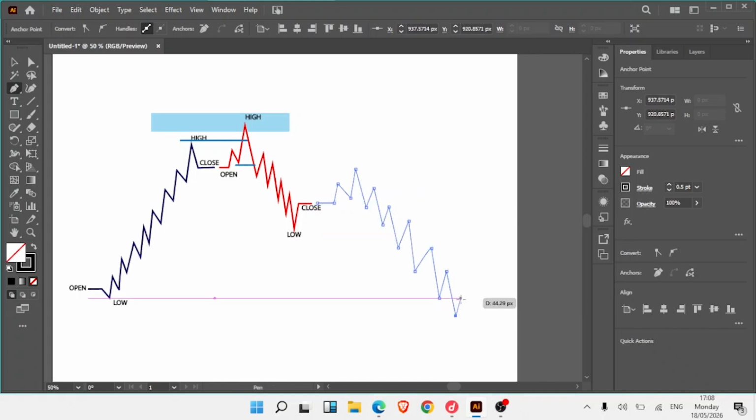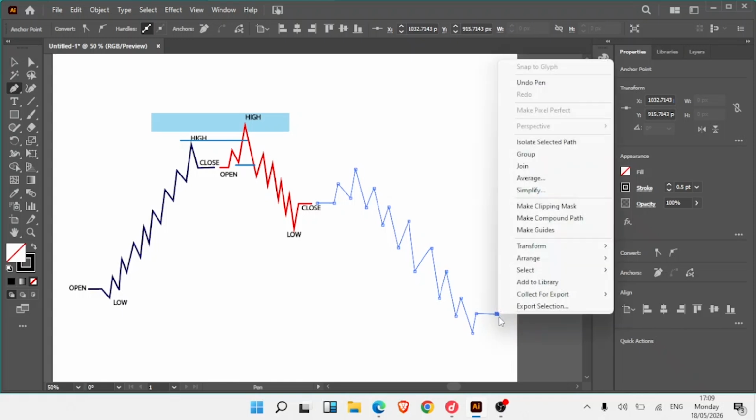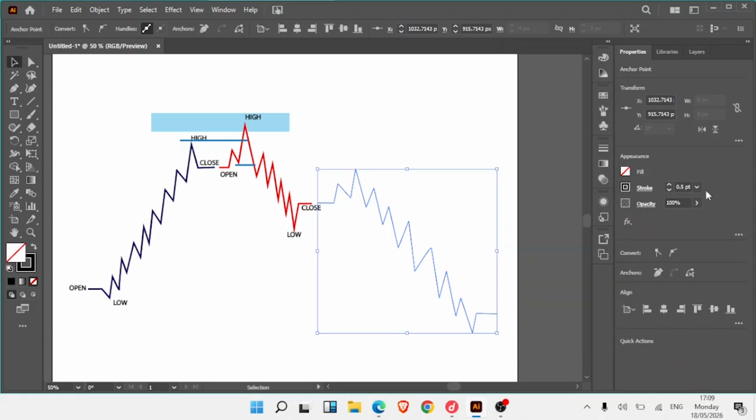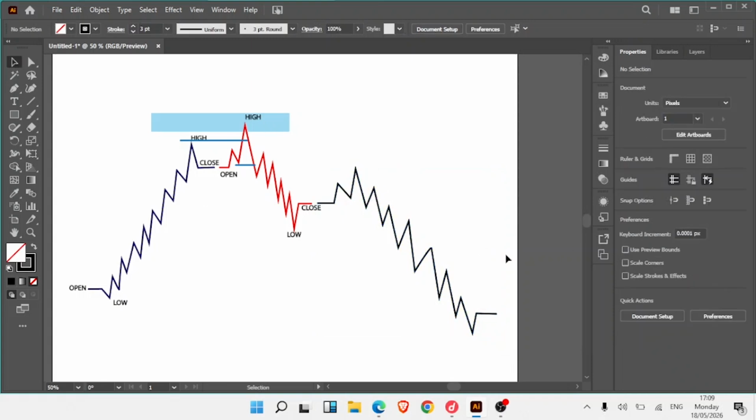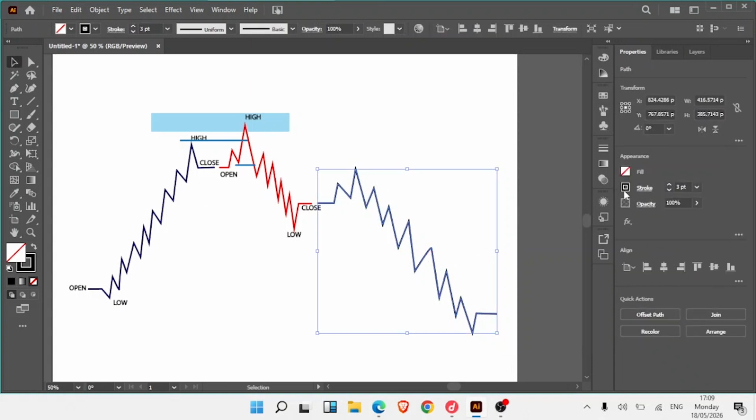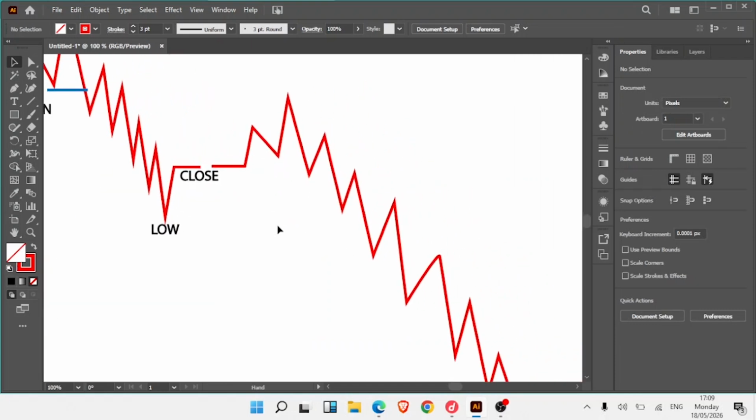So maybe price would close, no, let's take it a bit lower, then the price would close maybe somewhere there. So if you have that, now this is also another typical example of a bearish bias. So how do you know it's a bearish bias?